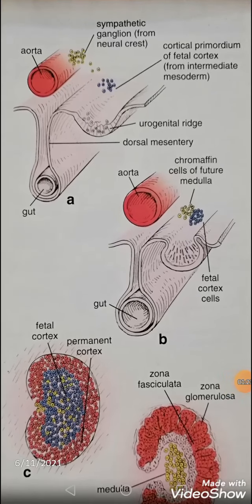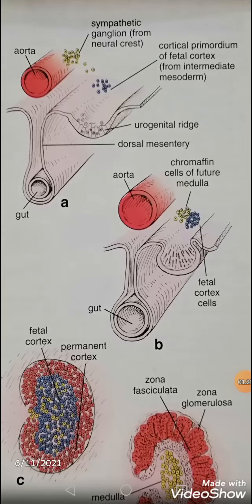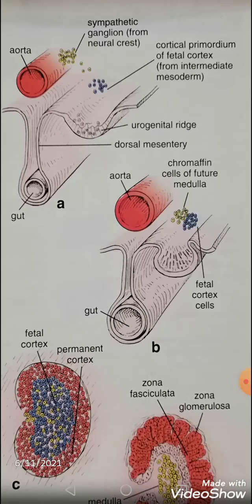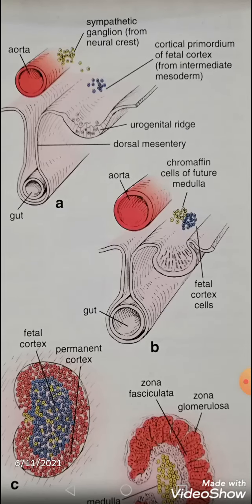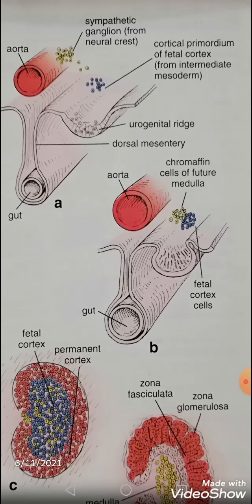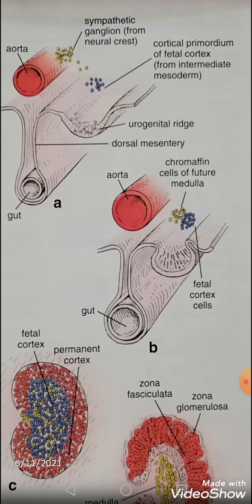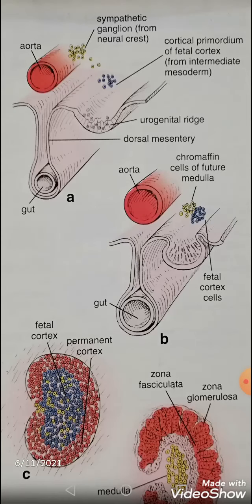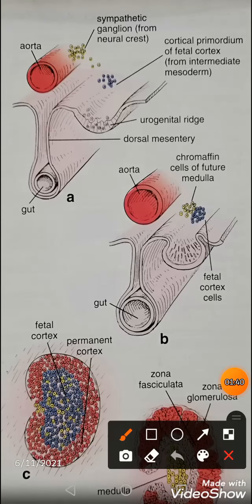Now a little bit about the embryological origin of the adrenal gland. As it has two portions, we discussed the cortex and the medulla. They behave as a single organ but are of different embryological origin. In the picture, concentrate that the cortex is formed from mesodermal tissue, right?